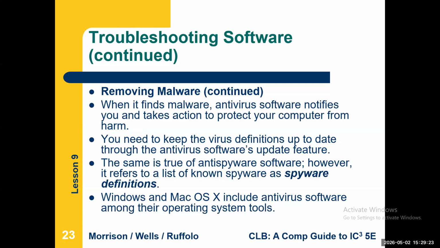If you don't want these spywares on your system, then you need to install anti-spy software on your computer. Most of the popular operating systems we have, Windows and Mac OS, come with antivirus software that you can use to scan your computer system.